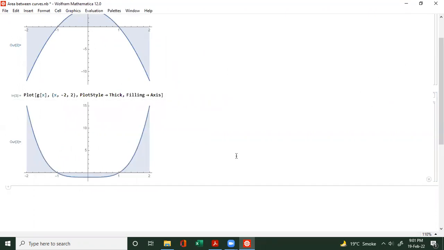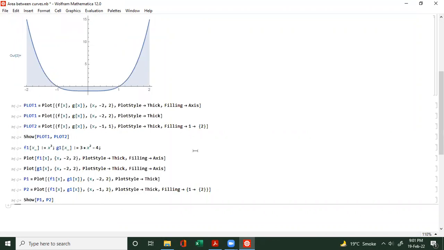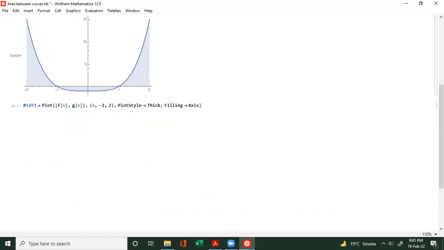So that is the second curve. The second curve is actually x raised to power 4 minus 1. But actually I need to find the area between these two curves. So I write the command plot f of x comma g of x.